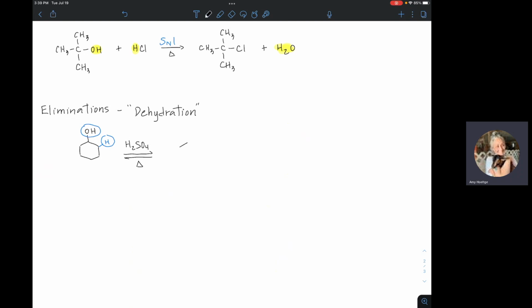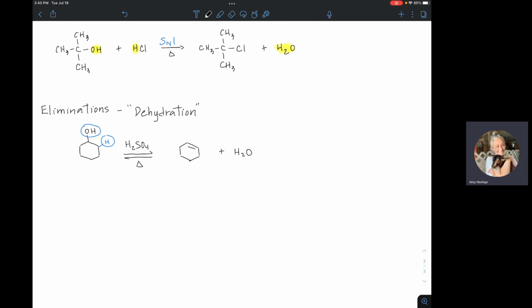And the product that you get is going to be an alkene, plus water, so that's your leaving group, and it's catalytic in acid, right?